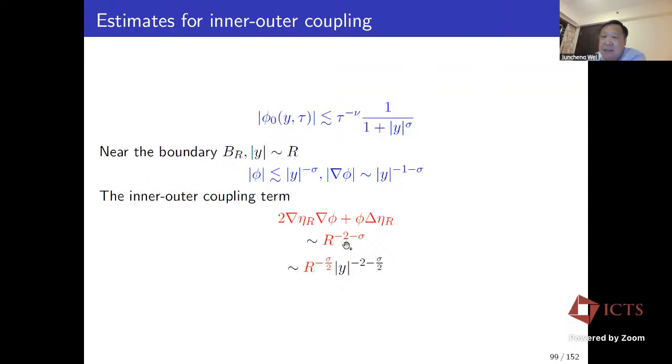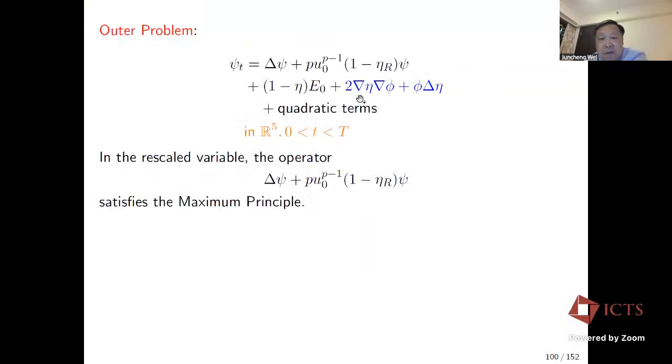But since this is in the cutoff regime, I can take out some part of r here and take the rest of y to the minus 2 minus sigma. And then for the outer problem, because I already cut the U0 part, this satisfies the maximum principle.